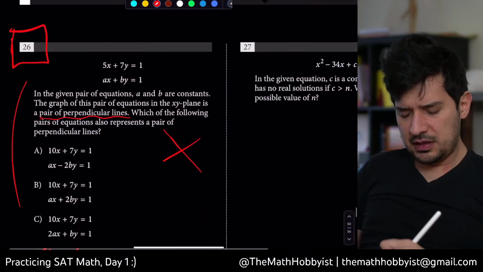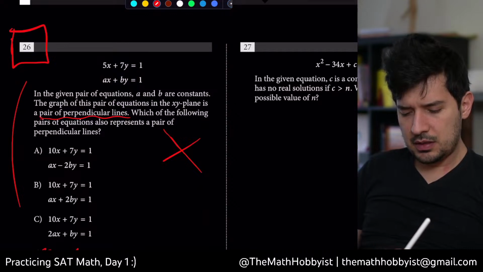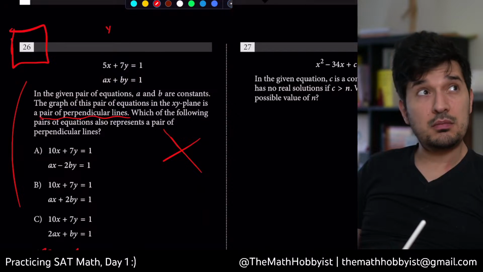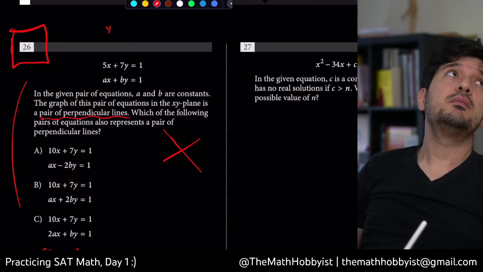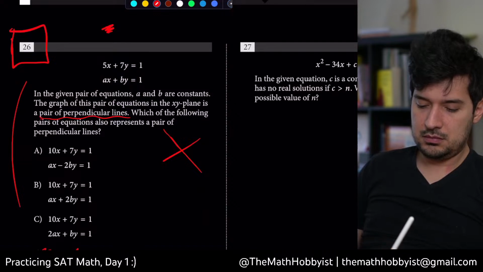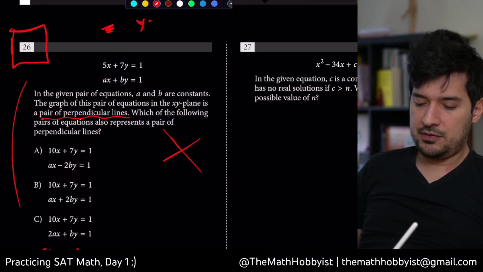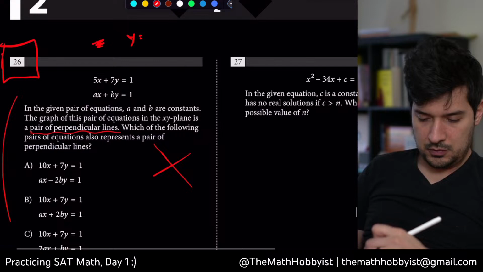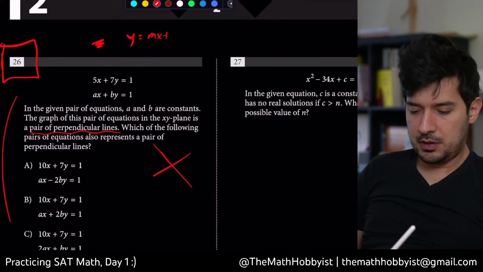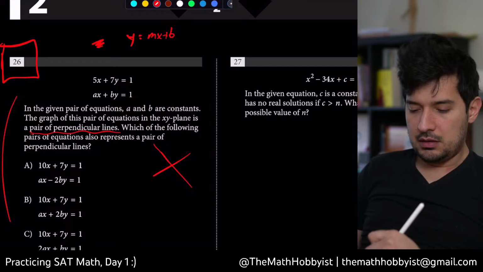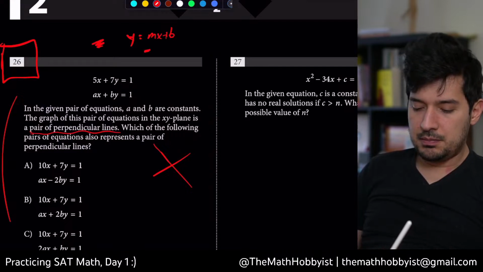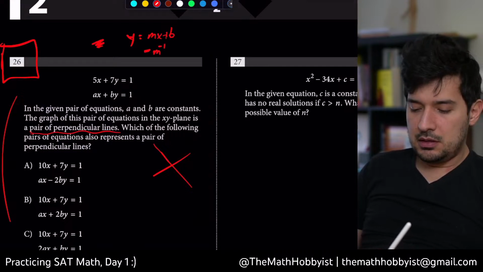I think it's a sort of thing that if they're perpendicular, then if you solve an equation for mx plus b, then the perpendicular line is going to have the negative reciprocal of the slope.